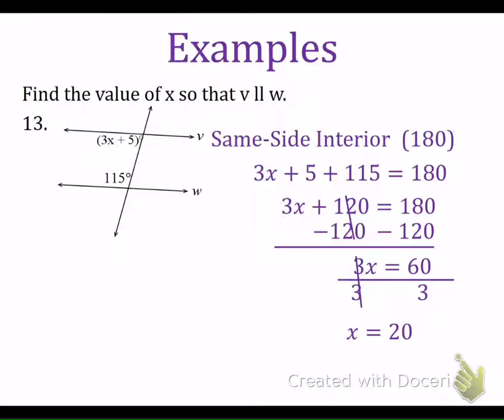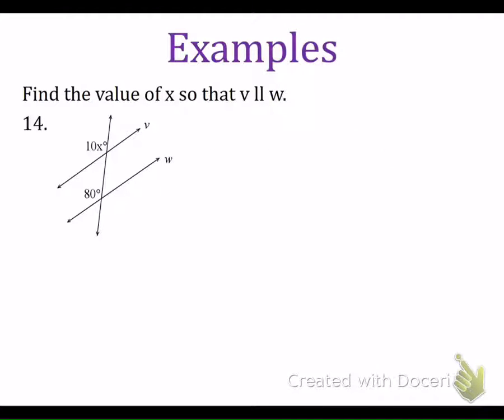Yeah, it's 3, not 2. Corresponding. They are in the same position. Same position means corresponding. Here's the intersection: it's upper left, upper left.